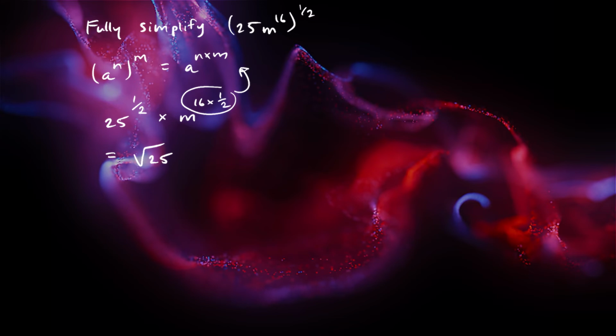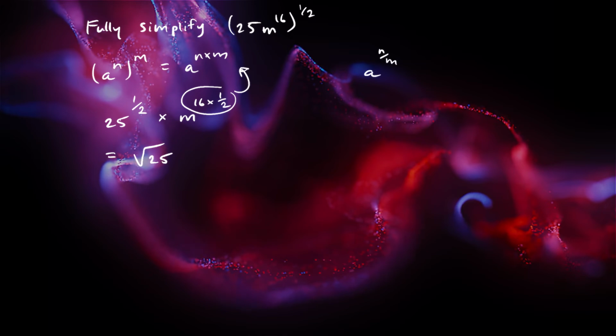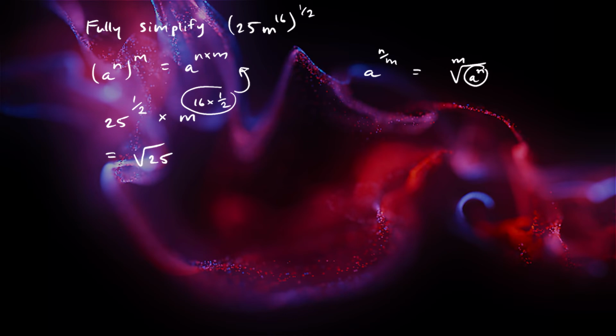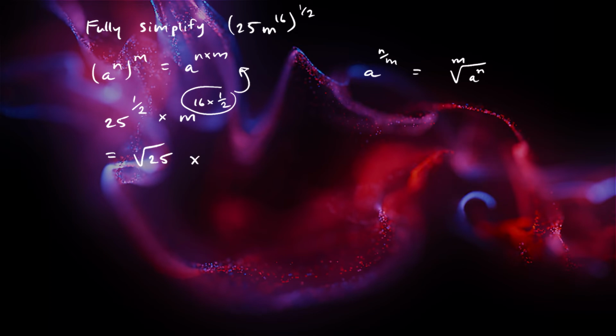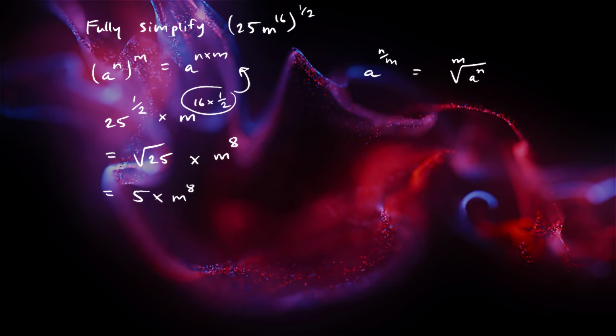So if you've forgotten what that was, essentially a to the power of n over m is the same as the mth root of a to the n, where a to the n will be inside the root, and then outside the root will be that m. So this is the same as the root of 25 multiplied by m to the power of 8. Now the root of 25 is 5, so we get 5 multiplied by m to the power of 8, which gives me 5m to the power of 8. And that's fully simplified.